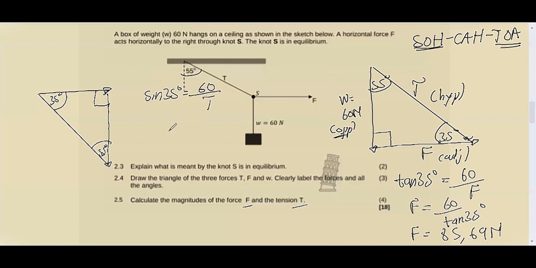That's the T you are looking for. And to calculate T, you just go 60 over sine 35 degrees. Then tension is equal to 104.61 newtons. And just like that, you have calculated both the magnitudes of F and T. So that's how you were supposed to solve that one.